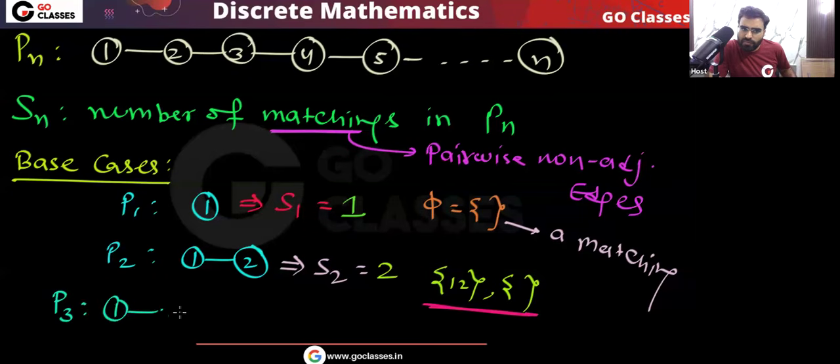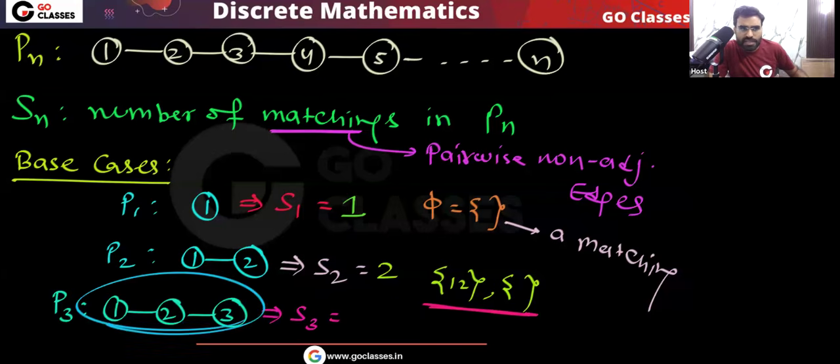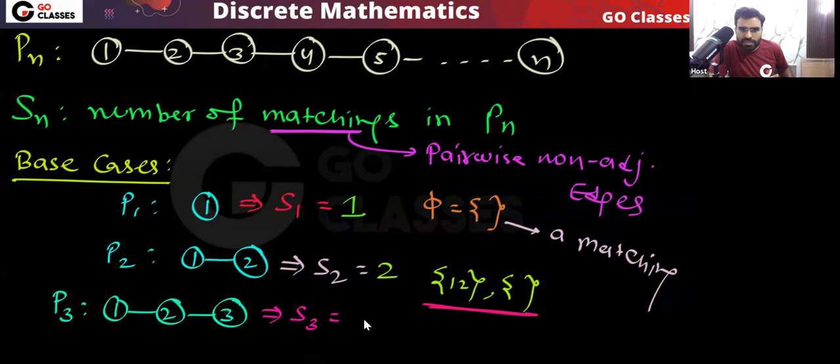What about P3? Vertices 1, 2, 3. This is the path graph on 3 vertices. How many matchings can you create here? S3 means the number of matchings in P3. If you don't take any edge, then that will be a matching, so one matching is the empty set.